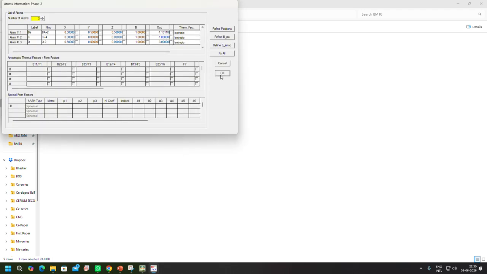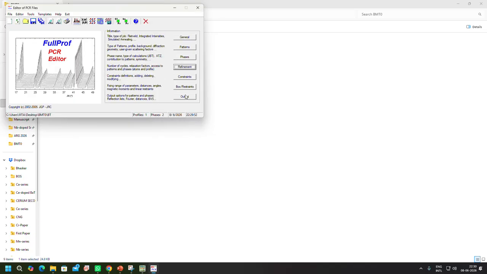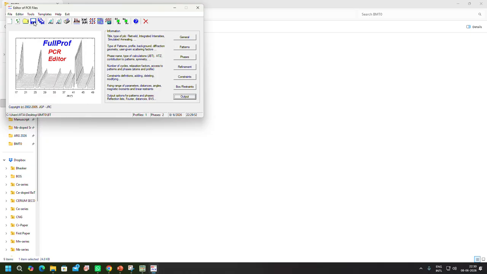You just keep this second phase as it is if it is not required, because if you refine those parameters again after getting the best fit, it is not well suited to your XRD pattern. So if you are satisfied with the fitting, then go to the output, create the CIF file, click OK, and then save it.